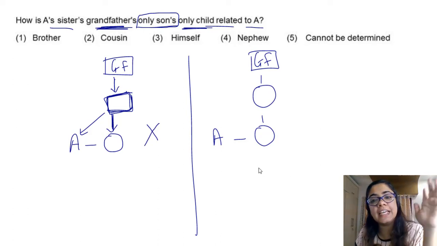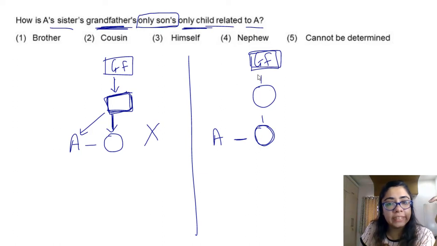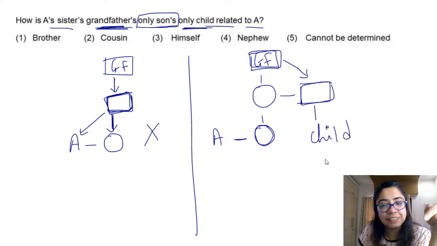Now let's look at the second case. Sister's grandfather's only son. Only son means her brother. Grandfather's only son will be this guy. Okay, his only child would be this child.